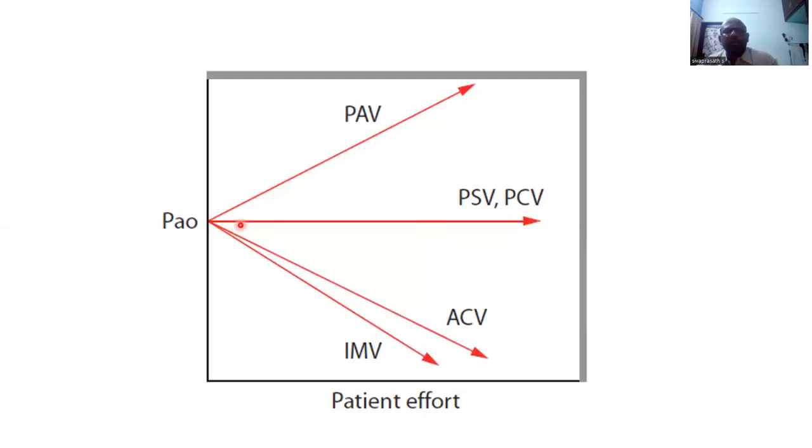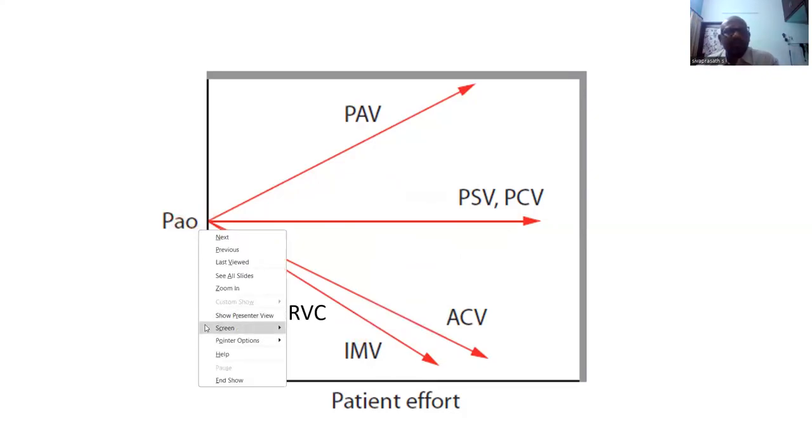In volume control ventilation, as the patient starts to recover and has a better effort, the airway pressure starts reducing. That is the characteristic of volume control ventilation. But see here, in PRVC, as the patient's effort increases, the pressure support becomes less and less.